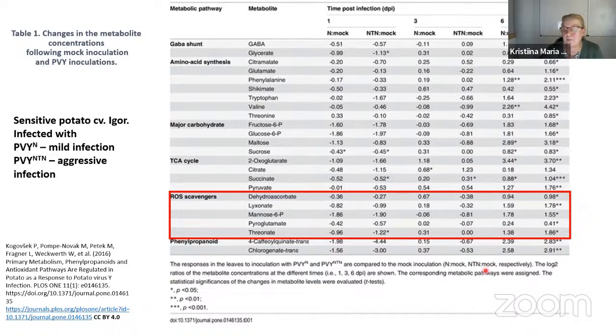And it is possible that this slow induction of this ROS scavengers production is giving the possibility for the virus to develop this aggressive infection compared to this milder strain.